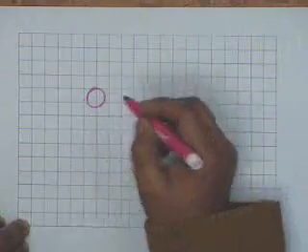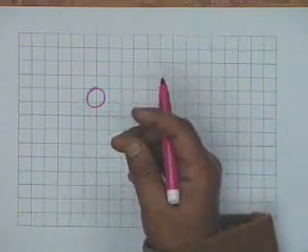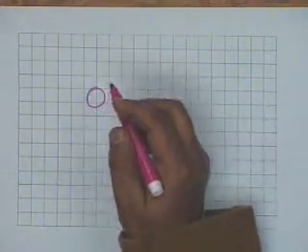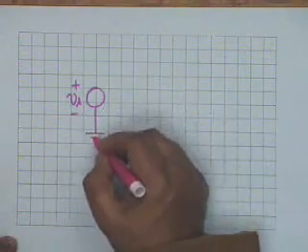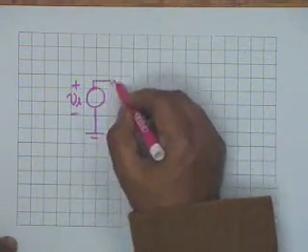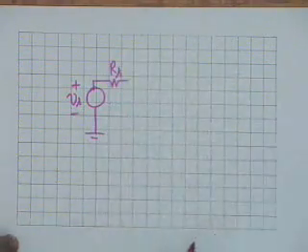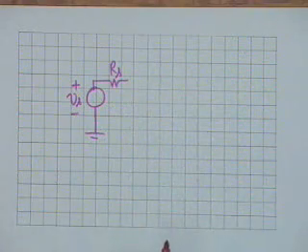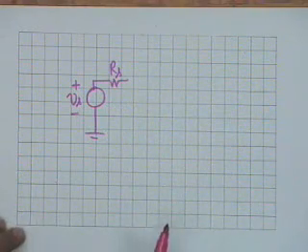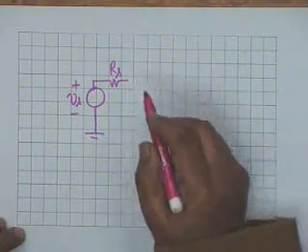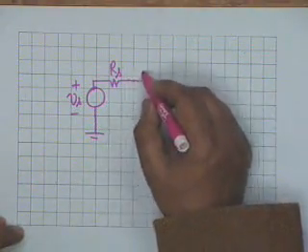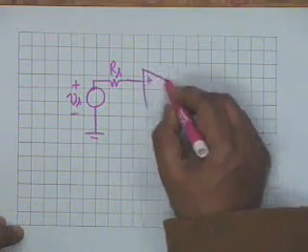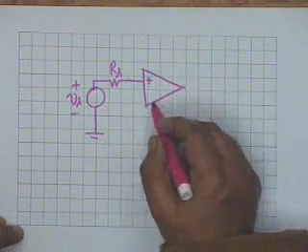Let's consider now another circuit as an example of application of the OpAmp. Let's have a voltage source Vs in series with its internal resistance, let's say Rs. Okay, we have a voltage source which is not ideal, which has an internal resistance Rs, and we connect it to the non-inverting terminal of the OpAmp.